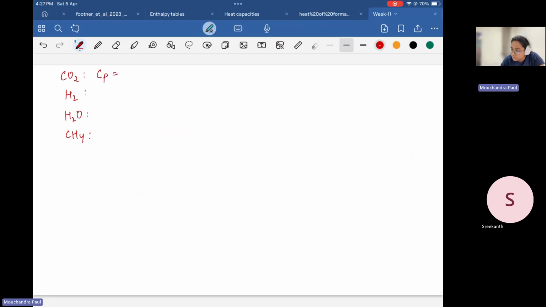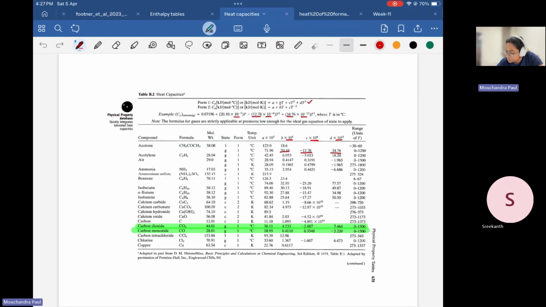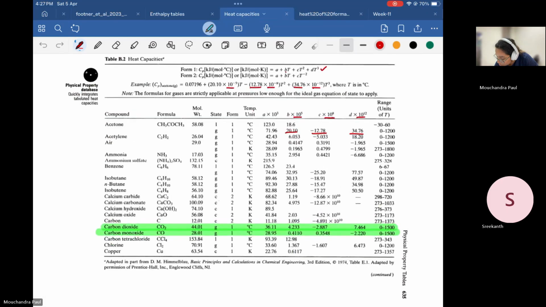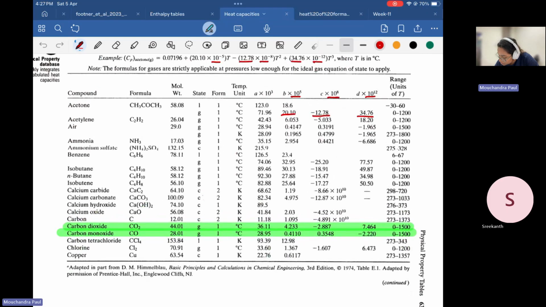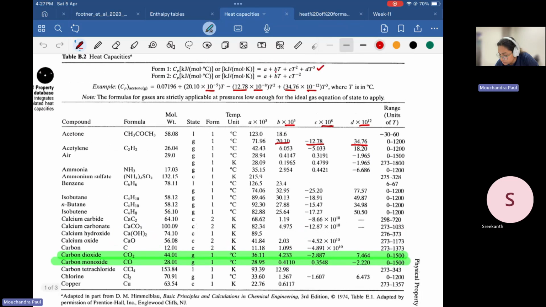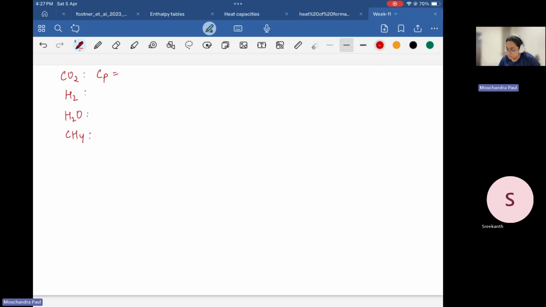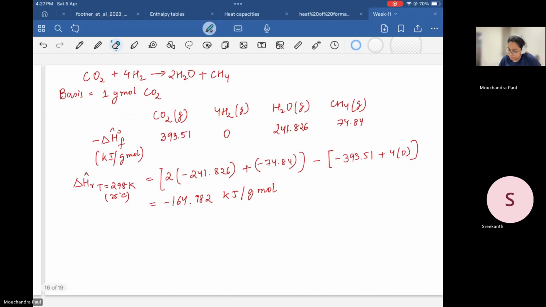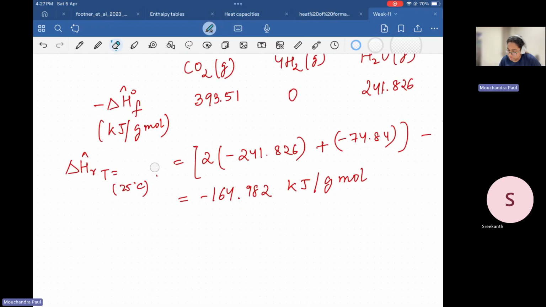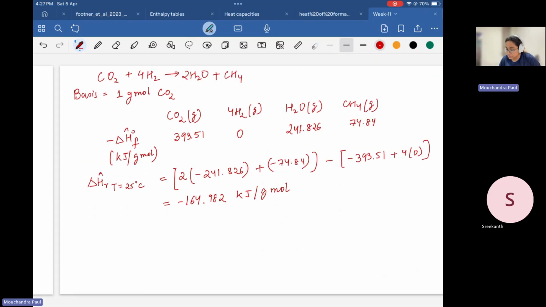Cp is equal to, for CO2, we will take the values in degree Celsius here because I see that they have given values in either Kelvin or degree Celsius. We'll have to take the value at degree Celsius. So for sake of consistency, let's consider degree Celsius in our discussion at all times. All right.